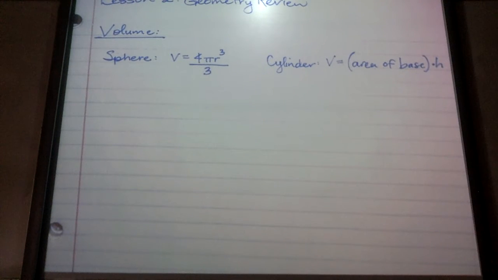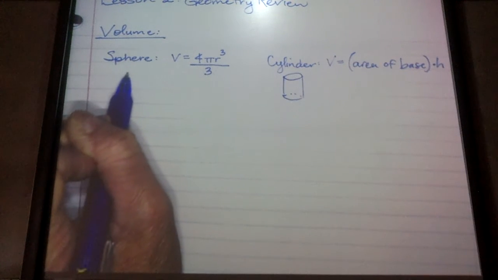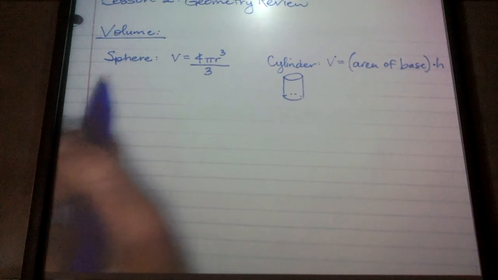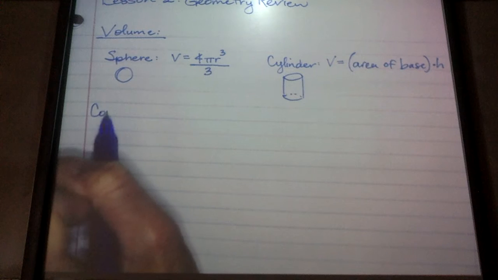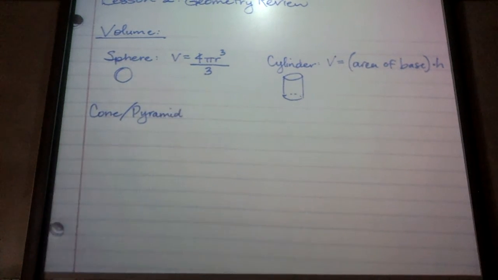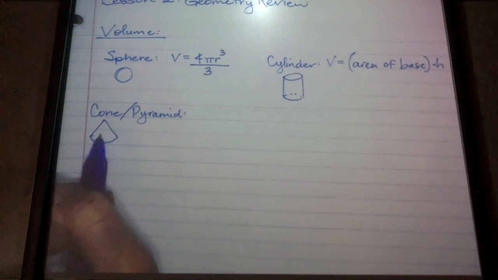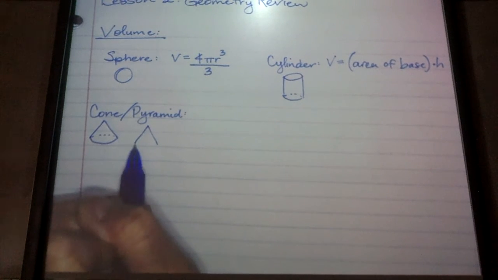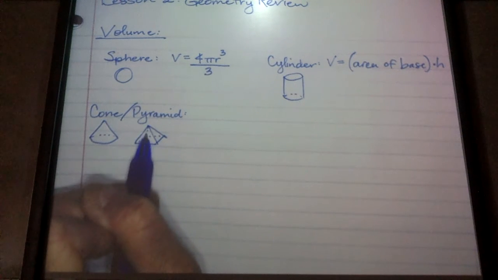Remember, a cylinder is like a can. And a sphere, I don't even know how to draw a 3D ball, but a sphere is like the volume of a ball. And then your cone or pyramid has the same formula. So remember, cone, just think of a snow cone, where pyramid is much harder to draw, but I did it. Okay?